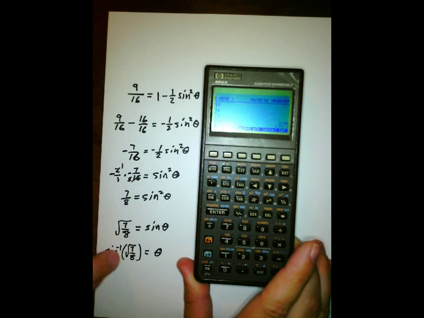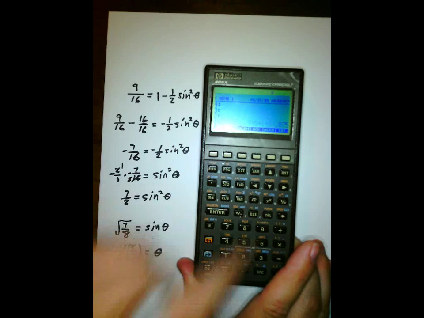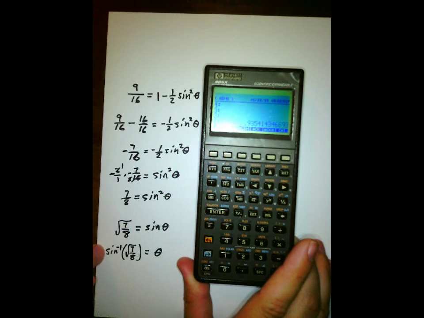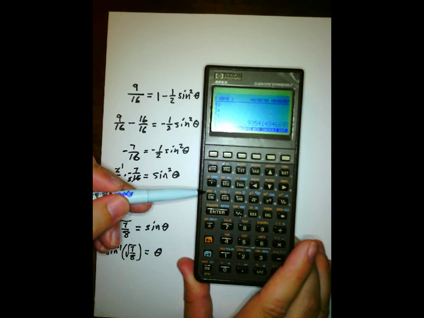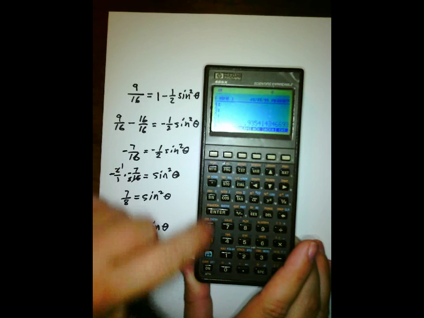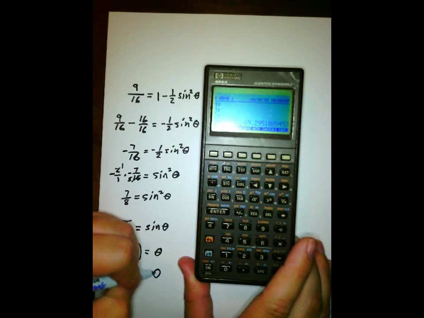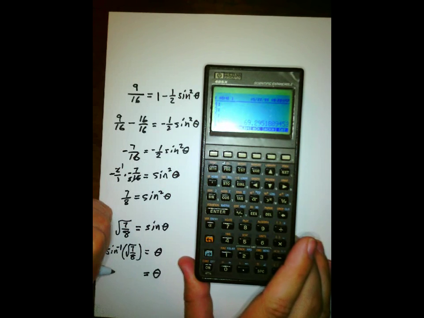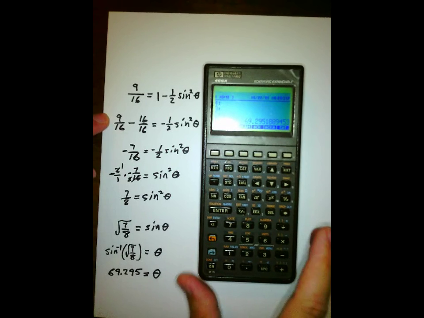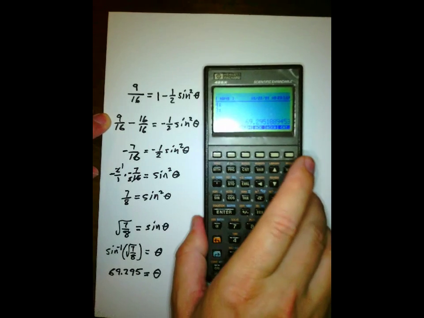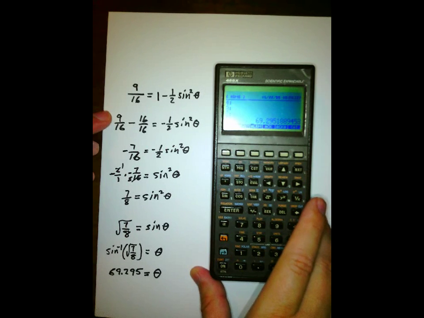Then I'm going to do the square root, and then inverse sine. On my calculator, it's called arc sine, labeled A sine right there. So orange key, A sine, and so we get theta equals 69.295.